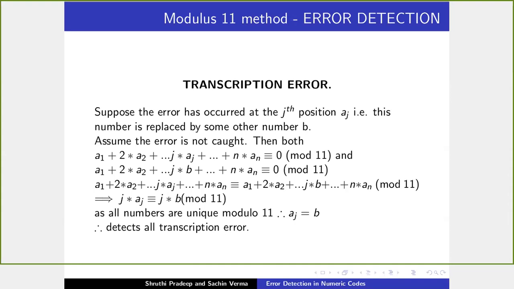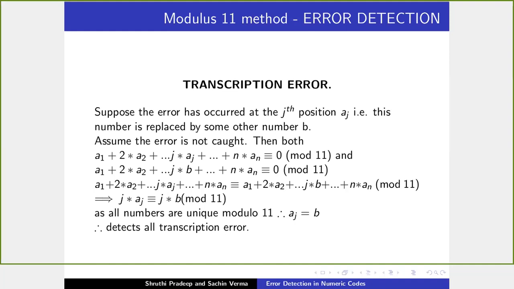If you remember, if I had taken mod 10 and restricted the number of digits in the code word to even 9, there were two places where j could be not relatively prime to 10, that is 2 and 5. That's why we've used mod 11, because this can be cancelled on both sides, and you get aj is congruent to b mod 11.